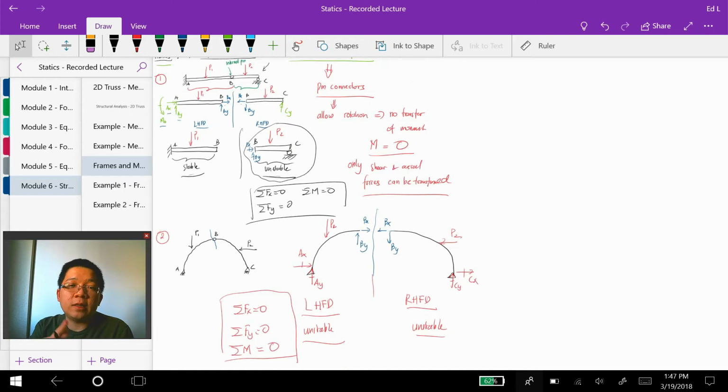And remember, once you make the cut, you separate the structure into two or more components, and in our free body diagrams we have to include the pin connector forces. Afterwards we can apply the equilibrium equations to each of the free body diagrams.